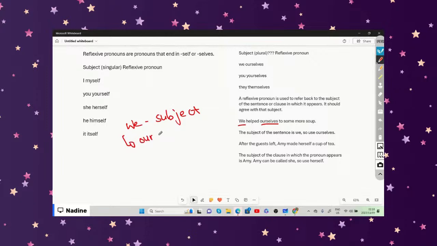We and ourselves, it refers to more than one person. And then if you look at the other example, which says that after the guest left, Amy made herself a cup of tea, which means that Amy is our subject.